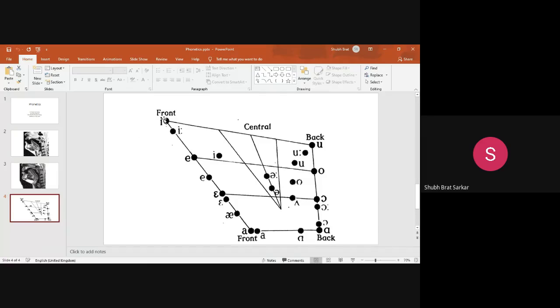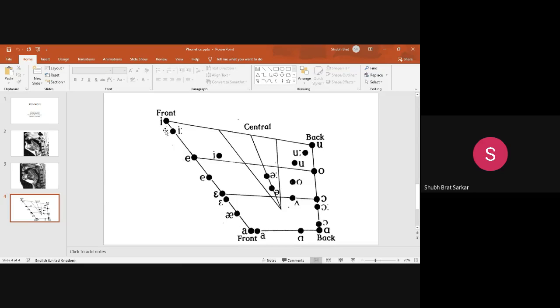First, let us take into account the corner points of this diagram. In this diagram, we have 8 corner points. Number 1, E point. Number 2, A point. And number 4, R point.